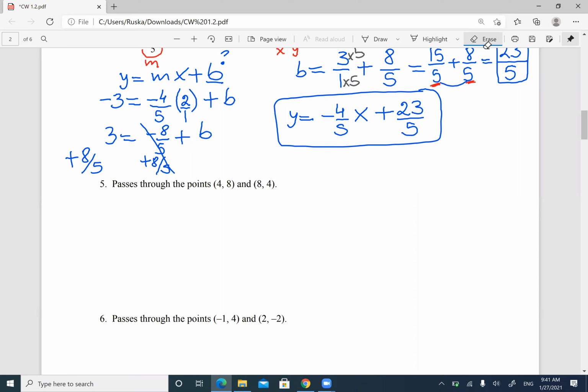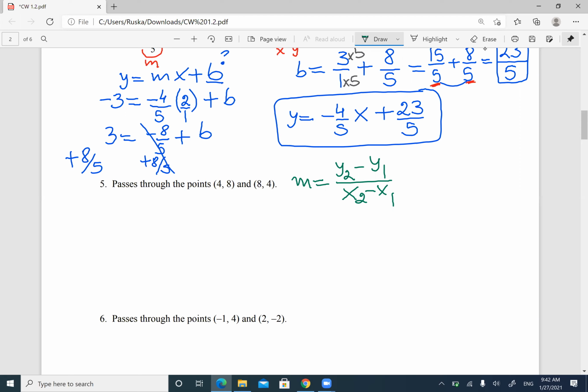So we need to find the slope, and finding the slope, we're gonna use the formula for the slope. And the slope formula was y2 minus y1 over x2 minus x1. So this is what you're going to use first. Now, before you plug the numbers, we have to see what is x1, what is x2, and all these letters.